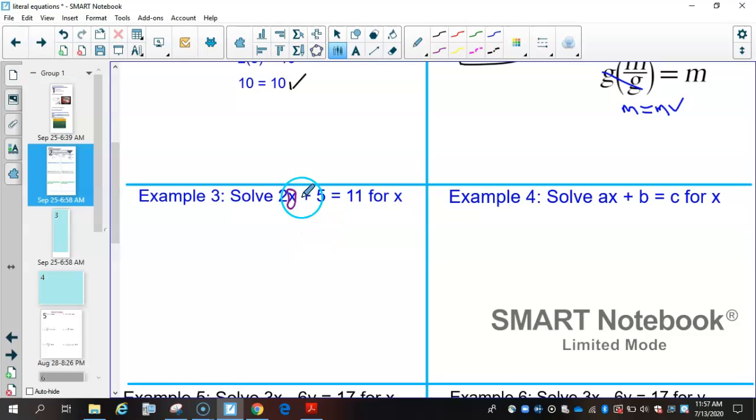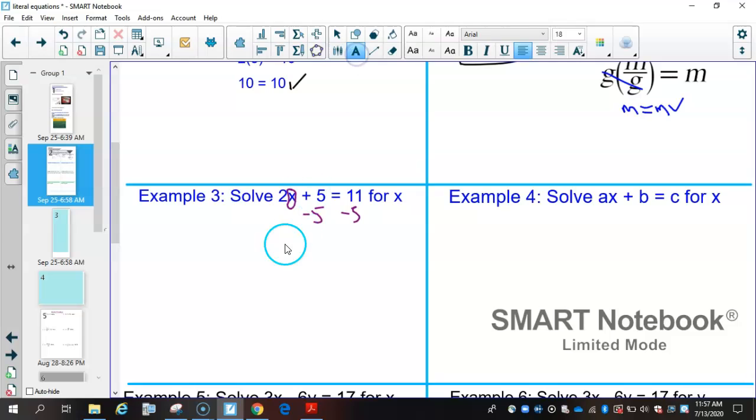So if I want to get x by itself, the very first thing we would need to do if we were solving this multi-step equation is to get rid of this 5, because I can't get rid of the 2 until I get rid of the 5. So I could do the inverse operation and subtract. So I'd be left with 2x equals 6. And then from here, I could divide both sides by 2.